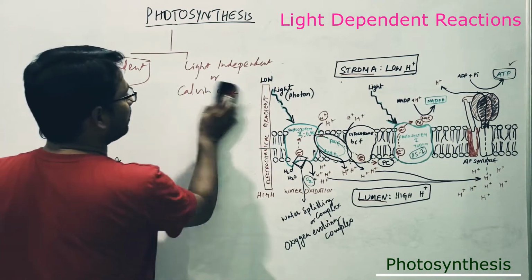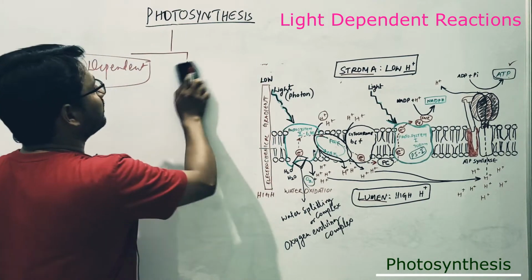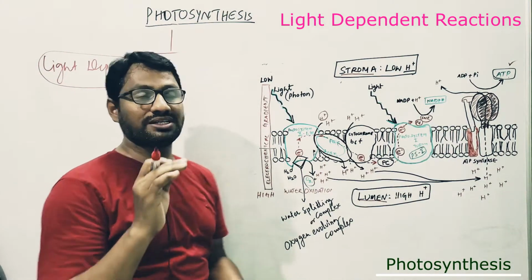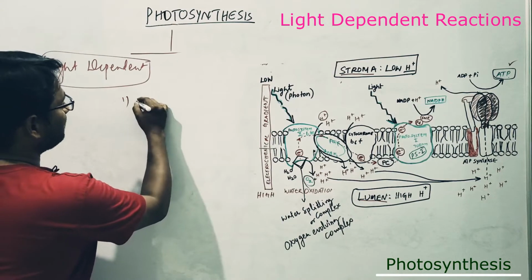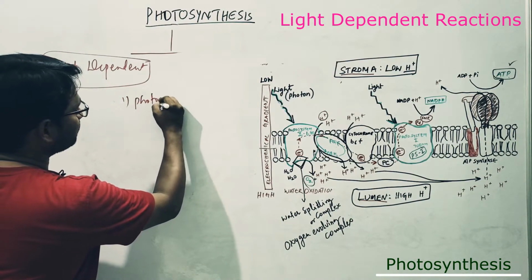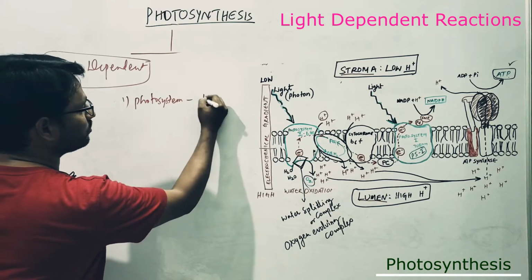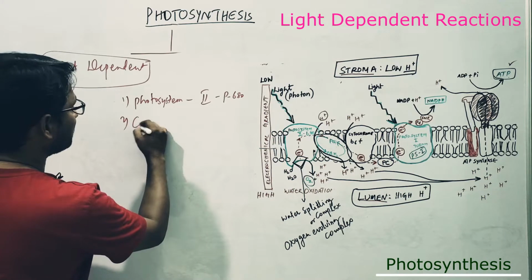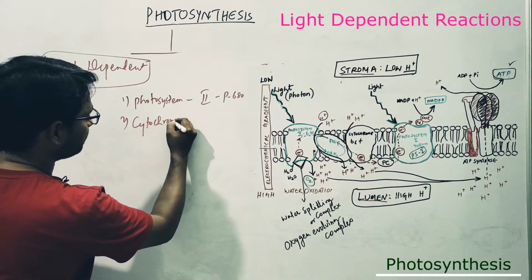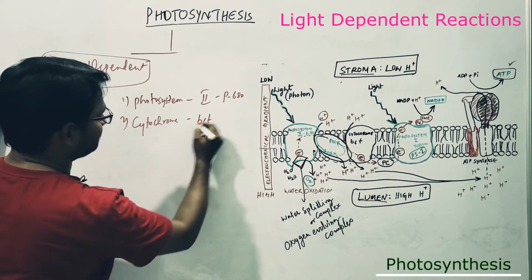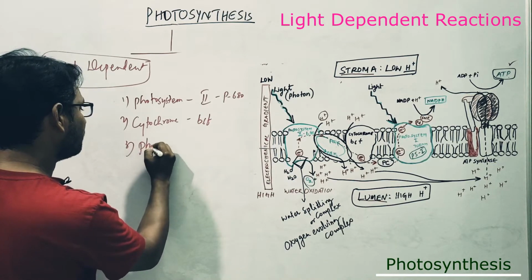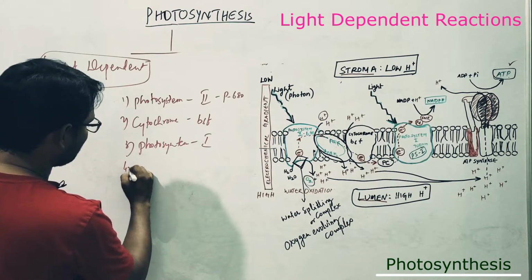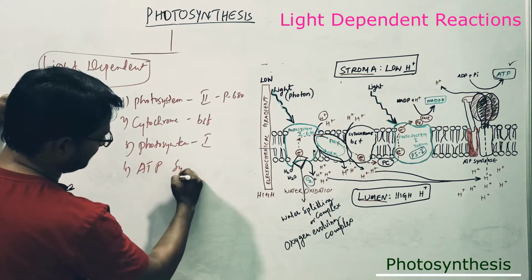Now coming to thylakoid membranes. On the thylakoid membrane, we have four major protein complexes: number 1, photosystem 2; number 2, cytochrome B6F; number 3, photosystem 1; and number 4, ATP synthase.